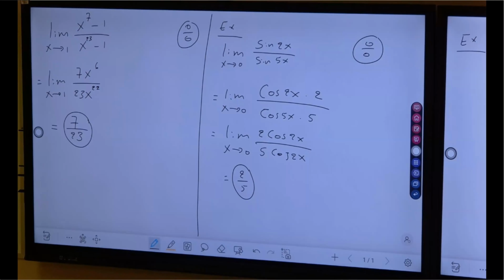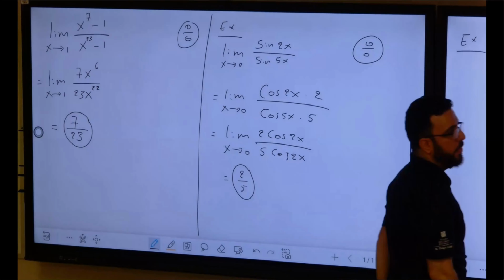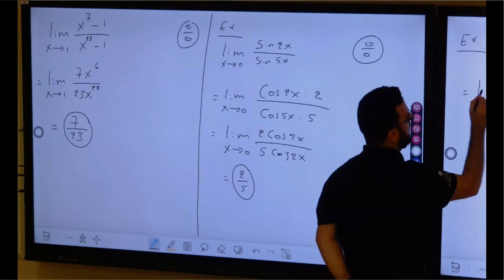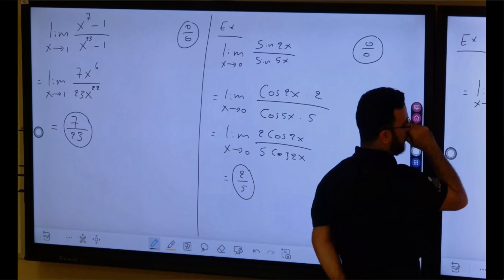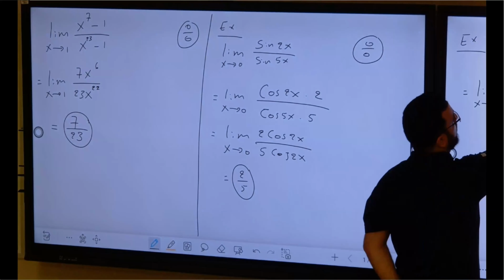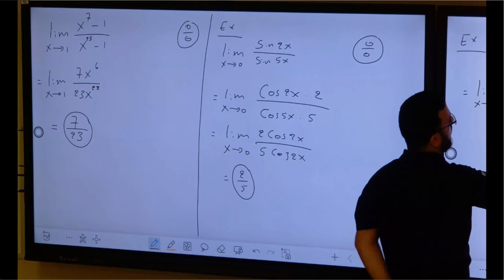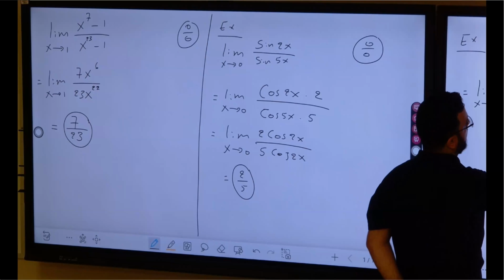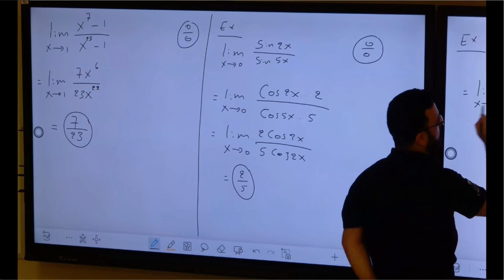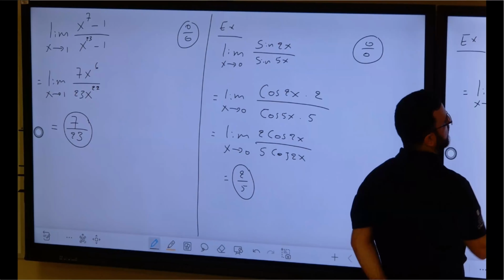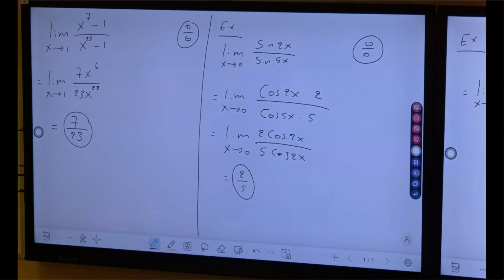That means I can use the rule. The rule says it's the same thing. The limit when x approaches, sorry, to infinity. What's the derivative here? Plus 7. Derivative here, 6x. That was the next step.